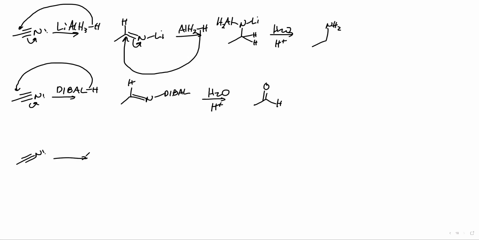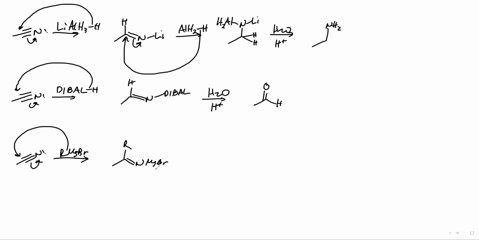Okay, so DIBAL can, again, give us the aldehyde, but what really is significant here is the reaction with the ketone, or the reaction of the nitrile to make a ketone. If I react with RMgBr, or RLi, again, Grignard being strong enough to attack on its own like that. Okay, again, I get to this point here.